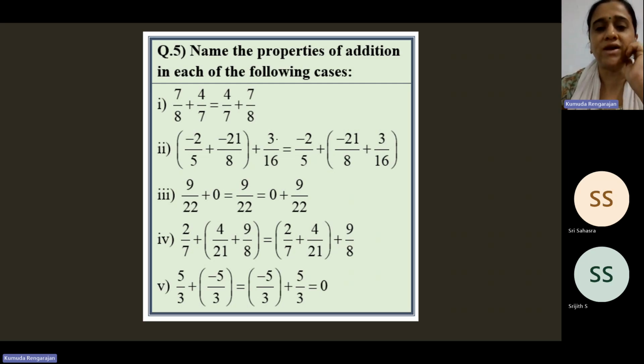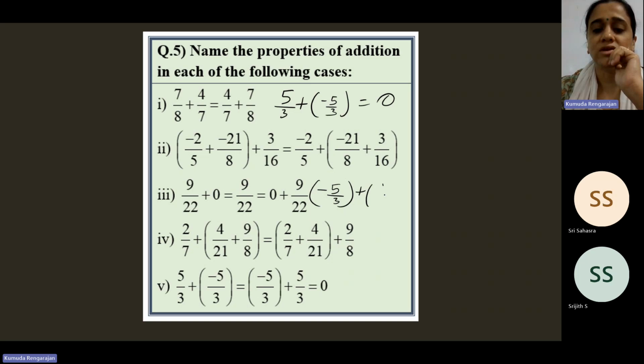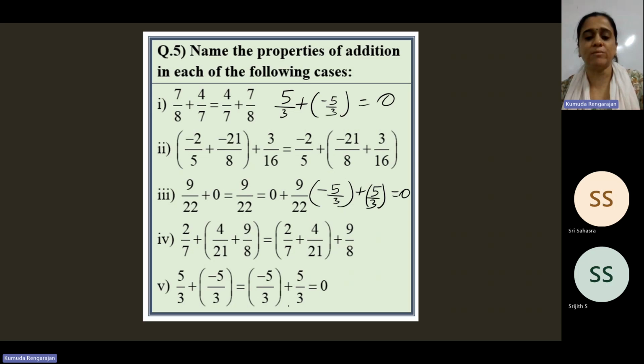You have a rational number 5 by 3. What should you add to that so that the sum is 0? Minus 5 by 3 is the negative of 5 by 3, or minus 5 by 3 is the additive inverse of 5 by 3. So you have a rational number minus 5 by 3. What should you add to this so that the answer is 0? 5 by 3. This property is what is demonstrated here.